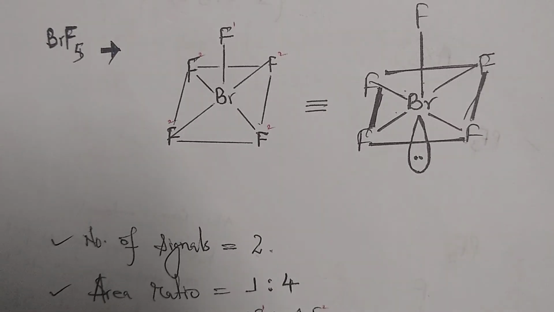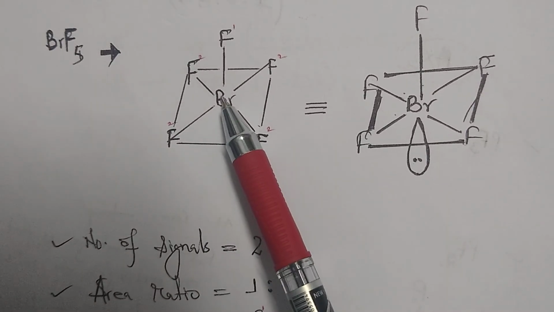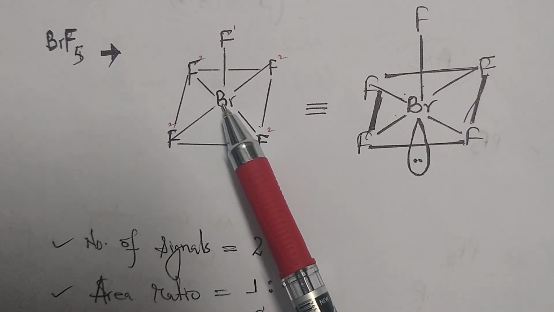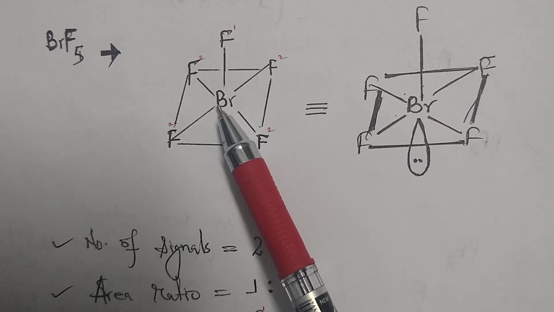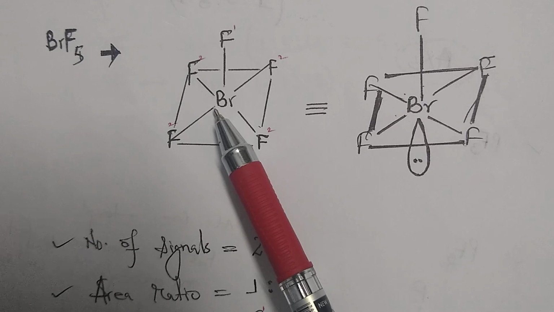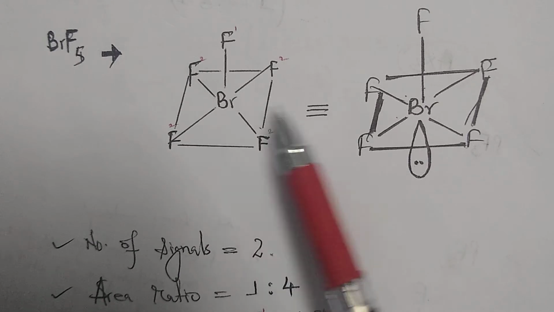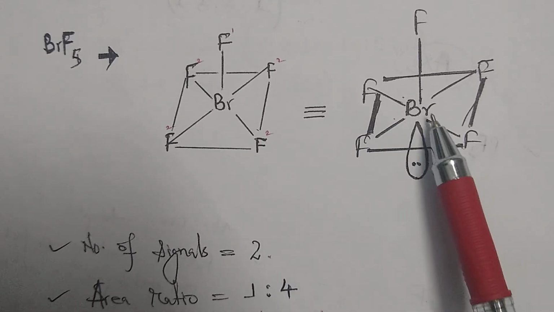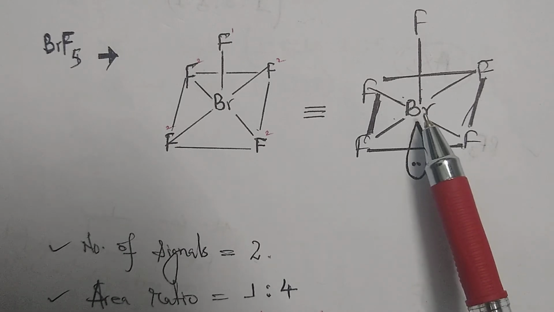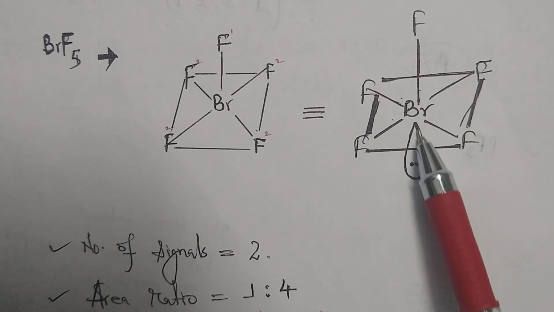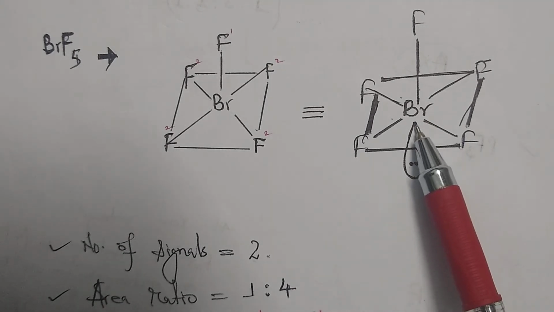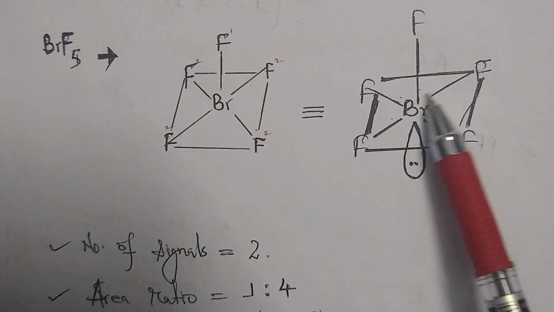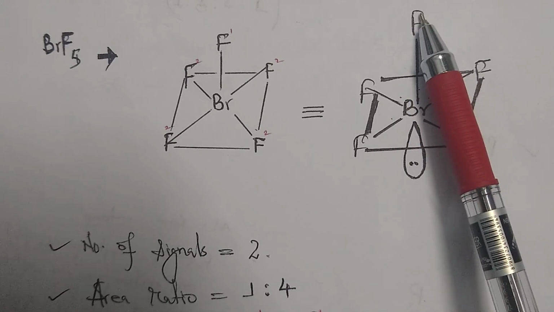So with this we will see another problem here, that is BrF5. The structure of BrF5 is as shown here, which is square pyramidal, which is given by this bonding structure, where we have one lone pair of bromine which is lying at the axial position along with this fluorine over here.